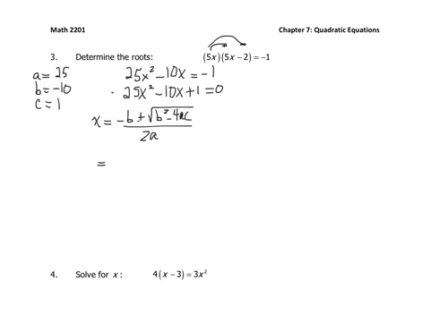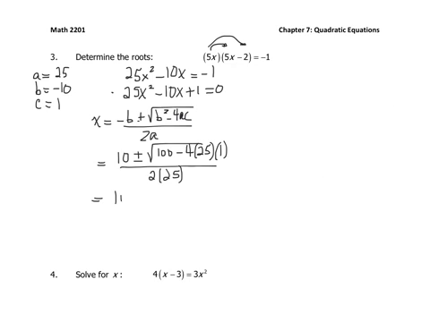So the b is negative, so the negative of negative 10 would become positive 10, plus or minus the square root of b squared, which would be negative 10 squared, which would be 100, minus 4a would be 25, and c would be 1, and that's over 2 times 25, because the a value is 25.